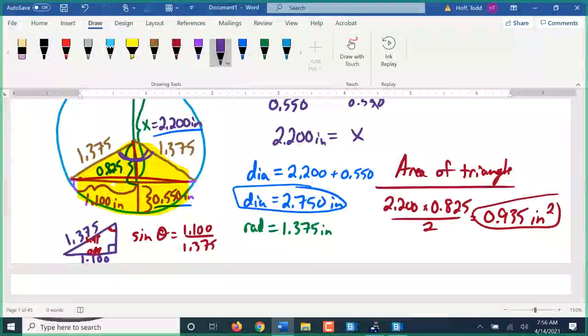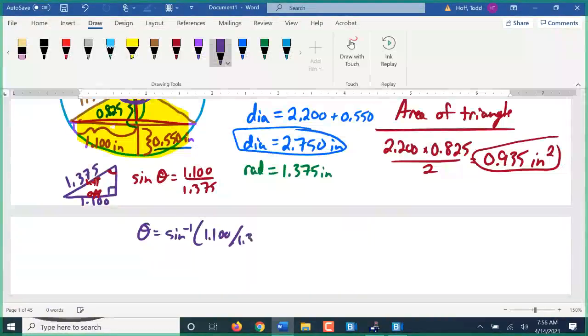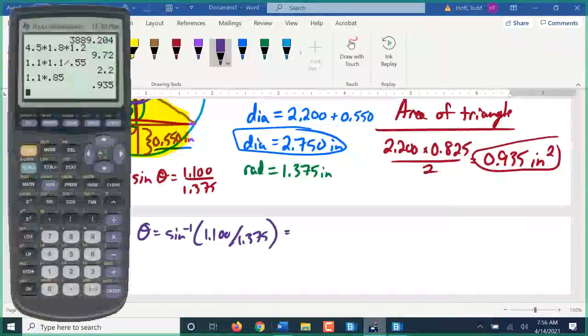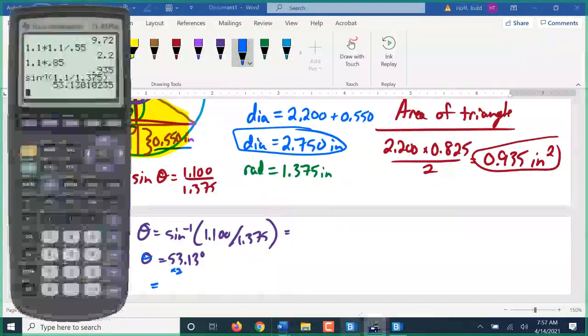So the angle is the inverse sine, 53.13 degrees. And now we're going to have to multiply that times 2 because there's 2 of them together there. 106.26.